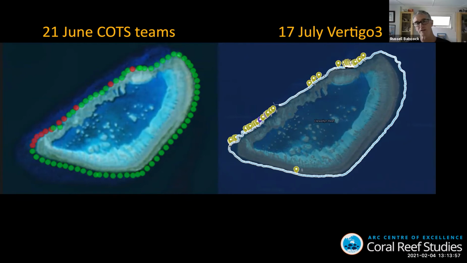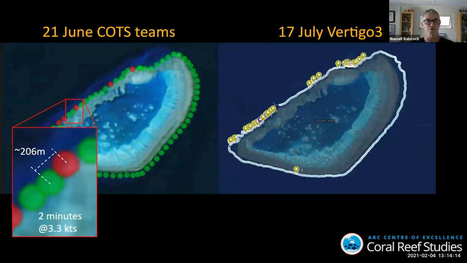And on the right, it's the same data from our tow. And you can see that there's a pretty close correspondence between the data from the manta tow and the data from the glider.